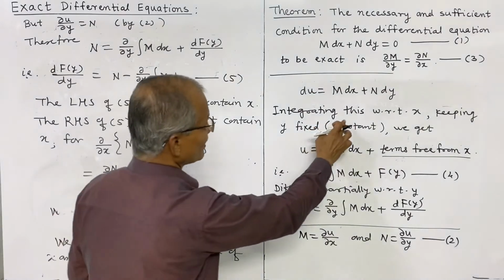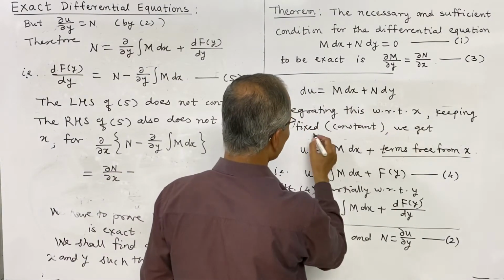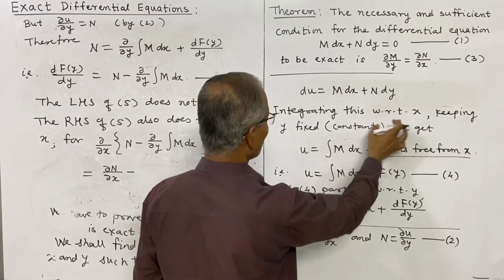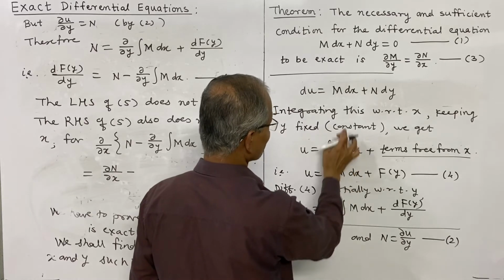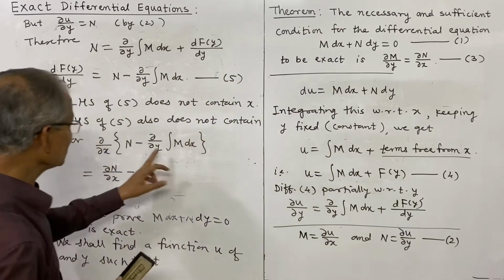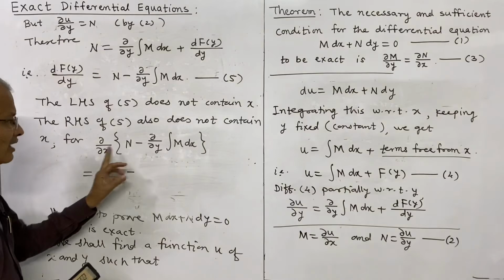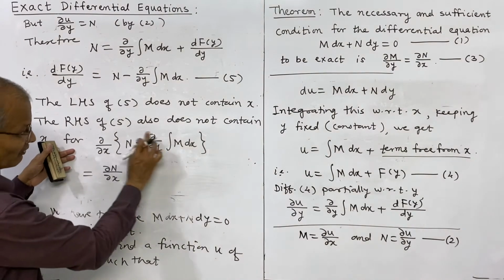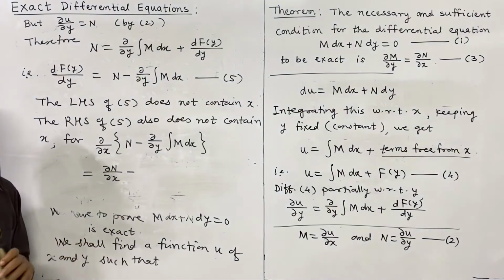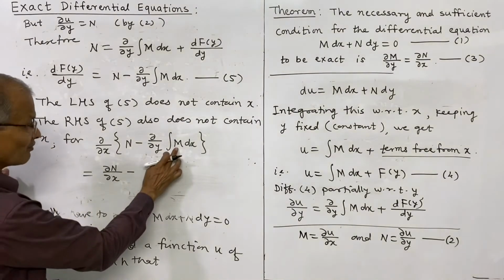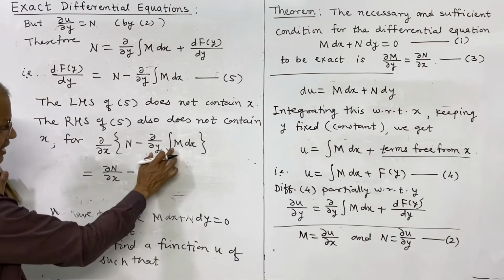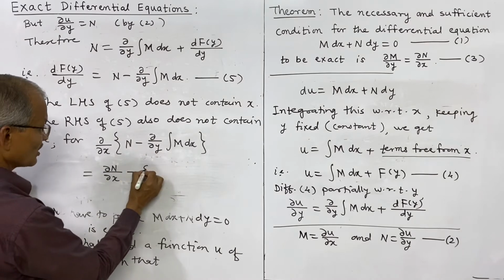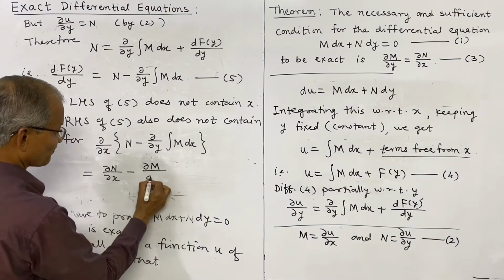We have written integrating this with respect to x, keeping y fixed. This is the integration. And if you differentiate, the integration and differentiation are inverse, and therefore this partial derivative with respect to x cancels the integration with respect to x, and this m will remain as it is, and this becomes minus dou m by dou y.